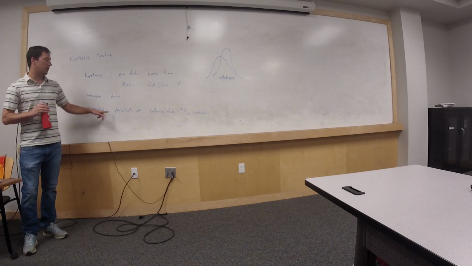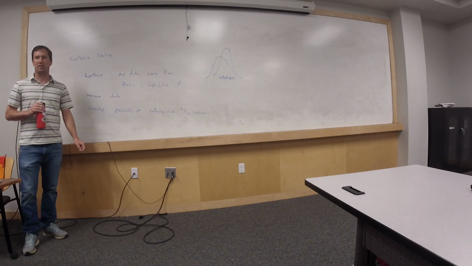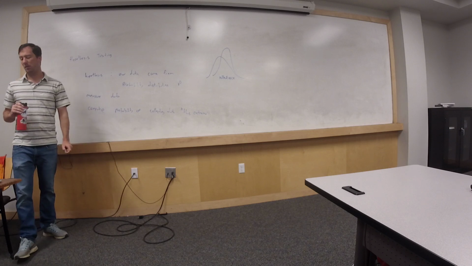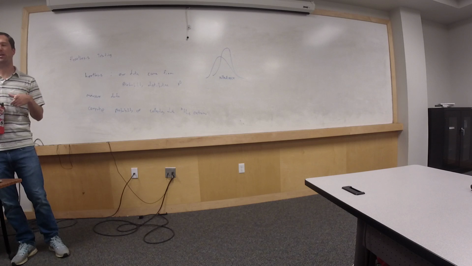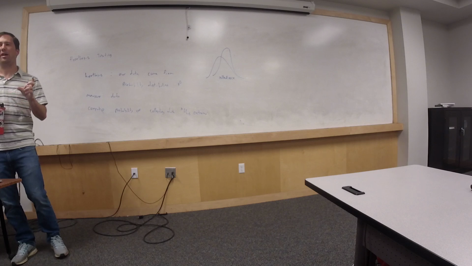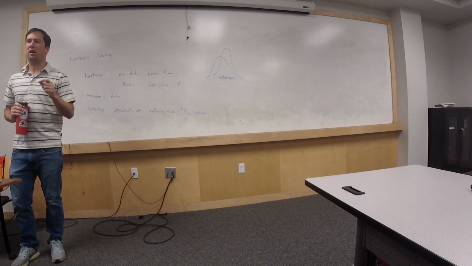For this part, we want to compute the probability of our data given our distribution. Usually what we do there is we compute a statistic. So we look at the mean of our data and the standard deviation of our data, and compare that to the mean and the standard deviation of the hypothesis.